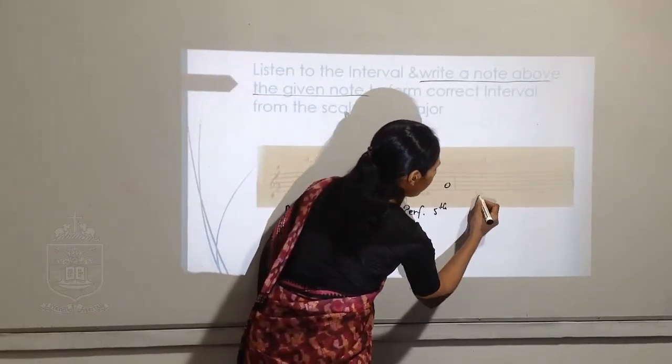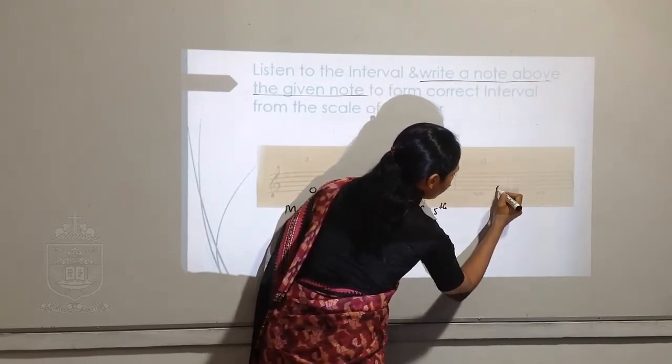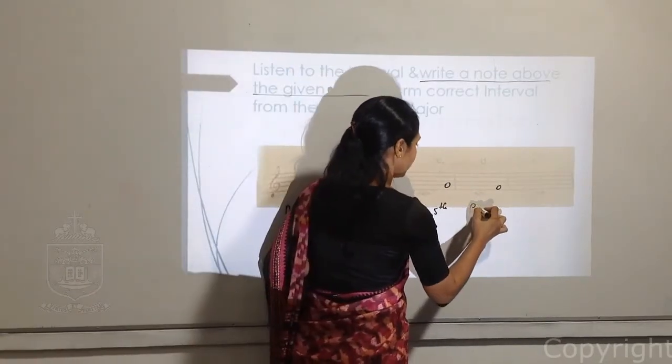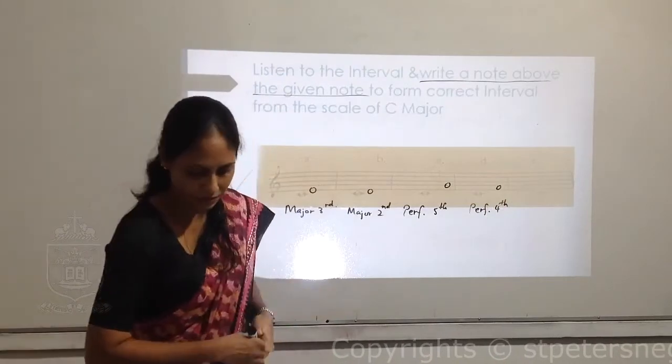So C is the first. 1, 2, 3, 4. So this is your second note. It's a perfect fourth. Last one.